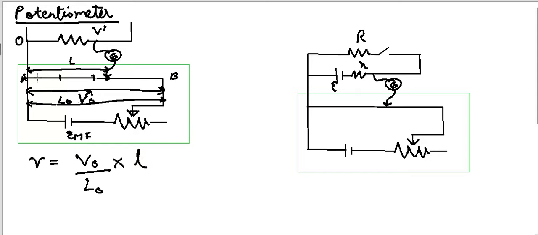Now as I move across, say the resistor ends are points O and D, and the wire point is C. As I move this jockey around, I find a point C such that the potential difference between A and C matches.